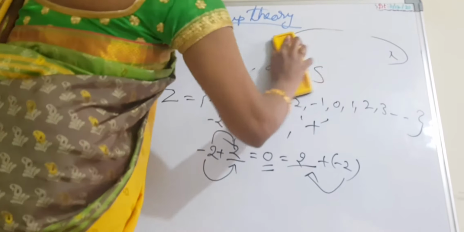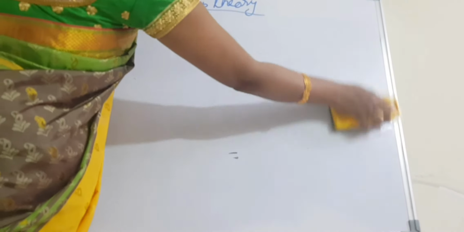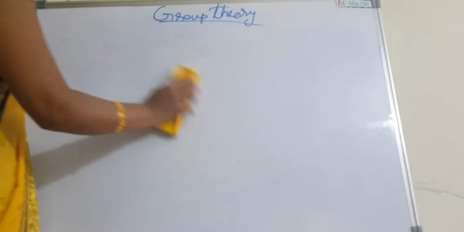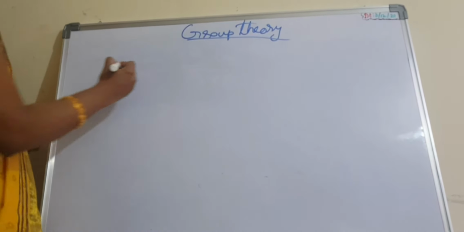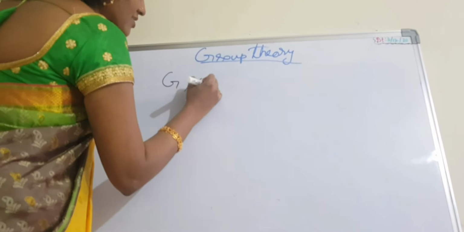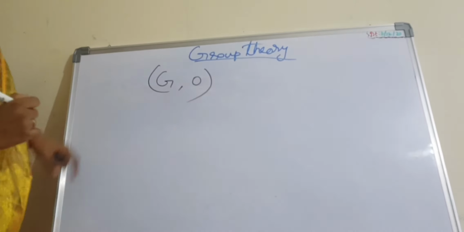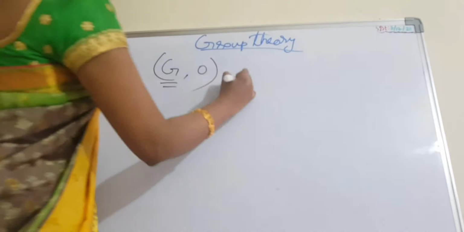Now we will see the main topic, group theory. It is very important for BTech and degree students. What is a group? I am taking G with a circle operation.